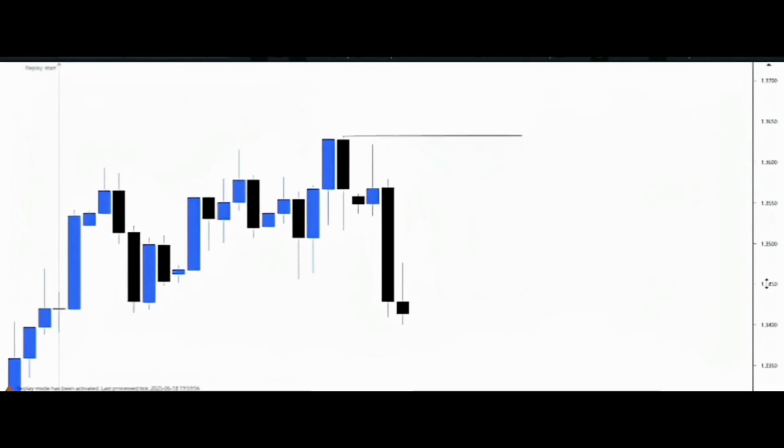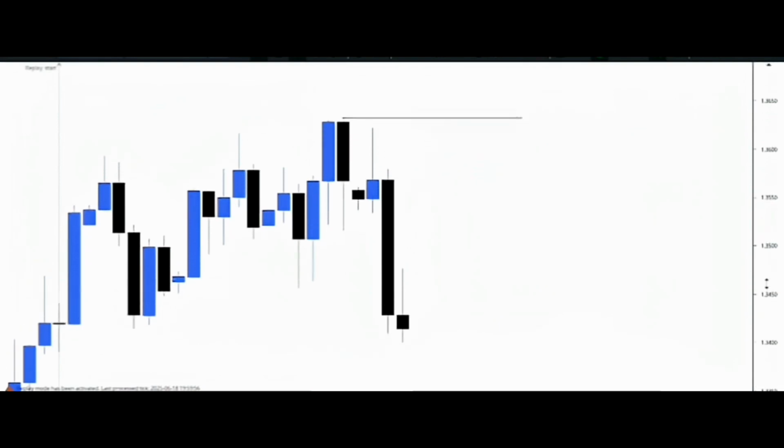What we are saying is that we are trading probability. The market is an environment of probability, but you want to stack high probability trades in your favor. So now we want to wait for price to come and take out this high, and then whether by candle wick or by candle closure, we can follow our steps. So let's go on.